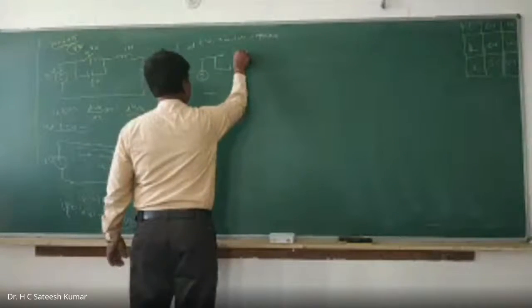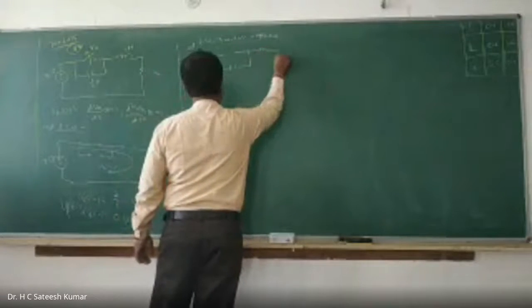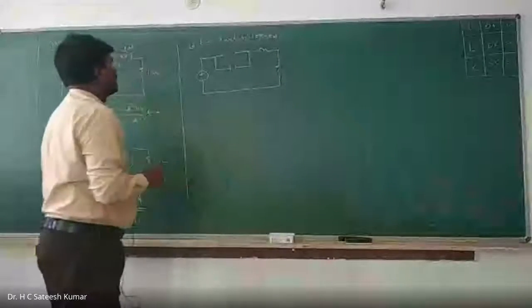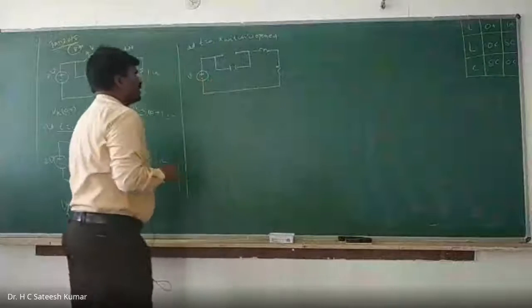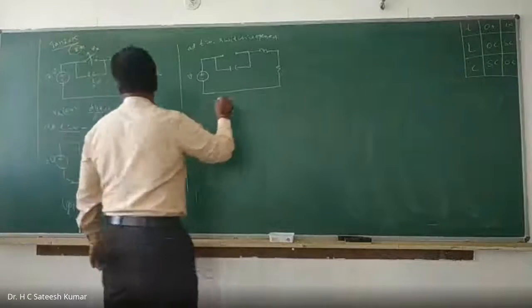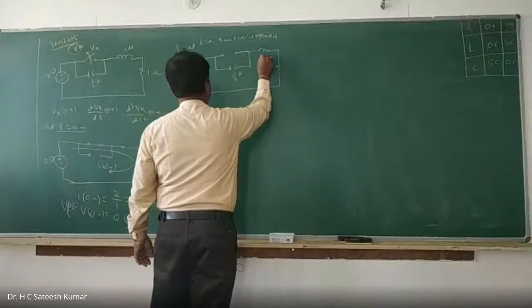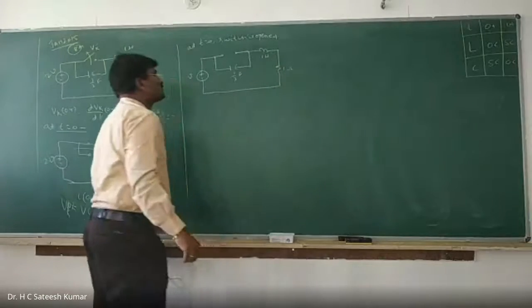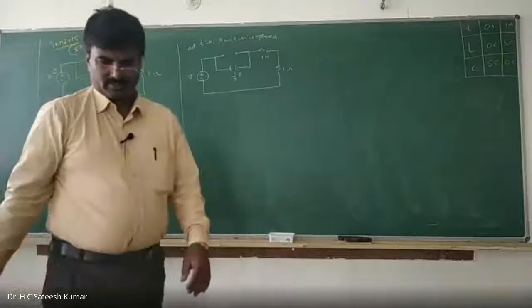This is open circuited. Okay, right. So this is V. Now this is your 1/2 farad, this is 1 Henry, and this is 1 ohm. Okay, right. So now we can write it for this.